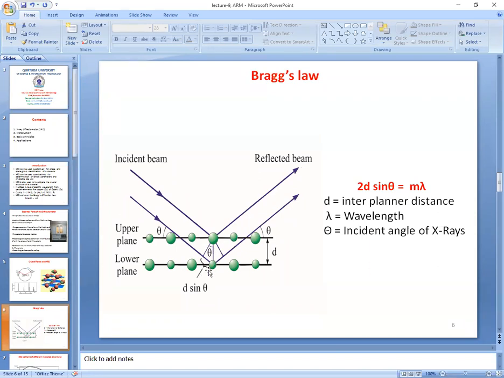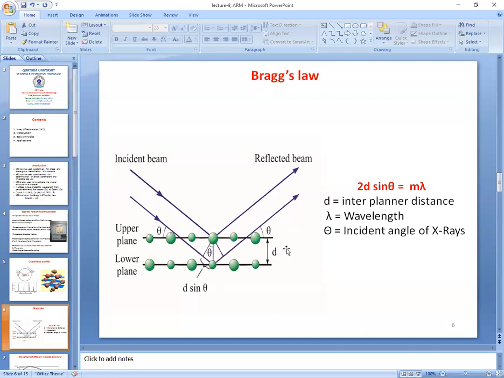If this is ray 1 and this is ray 2, ray 2 covers 2d sin theta more distance than ray 1. If this path difference is equal to m lambda, there will be constructive interference, and we will obtain a bright spot.